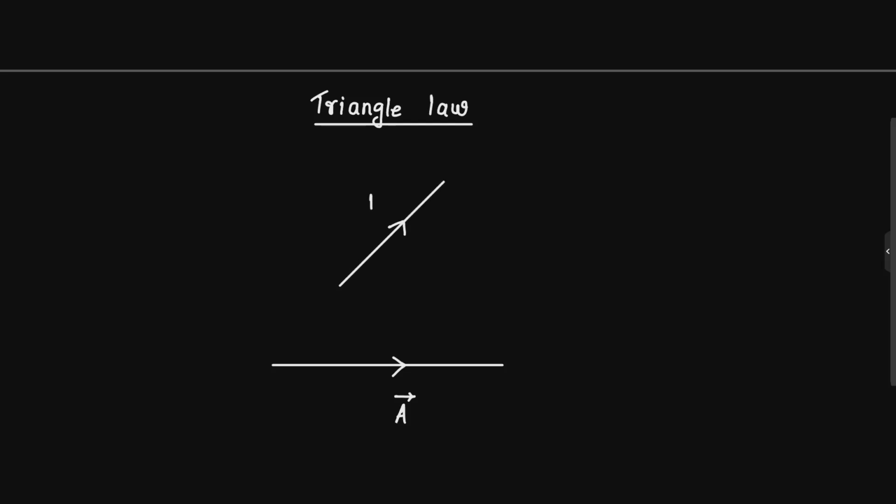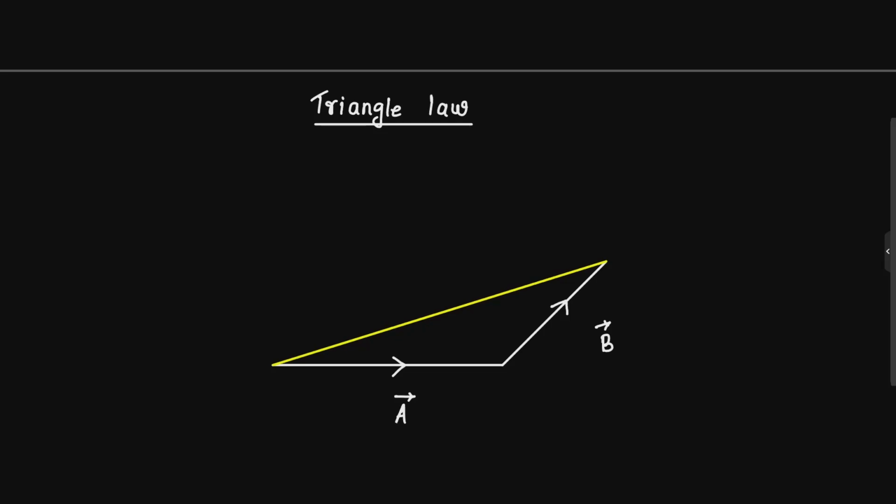This is vector B. This time what we are going to do is that previously we joined tail to tail, or else you can do head to head also previously. Here the head of one vector is joined with the tail of another vector like this. You will get two sides. Then you have to close it and form a triangle like this.